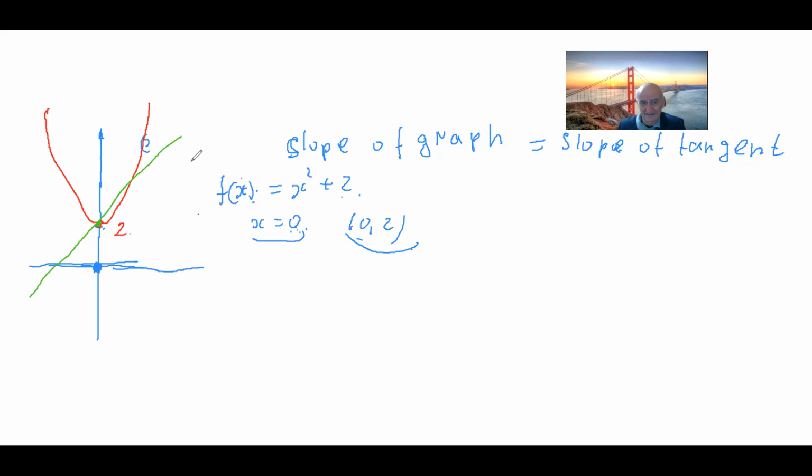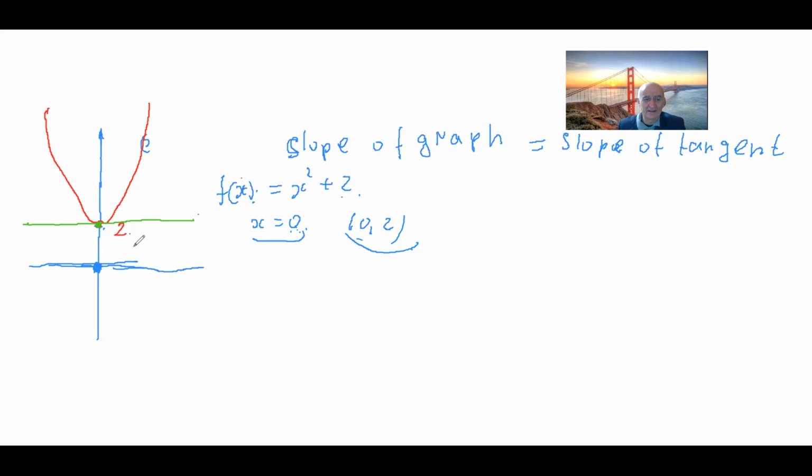It's just a secant line. As for the tangent line, it's a horizontal line, and this is the tangent line. Okay. Now, my next question is, what is the slope of the tangent line?